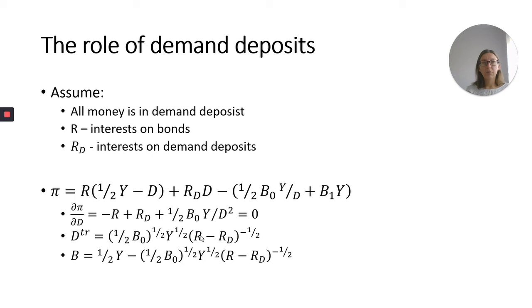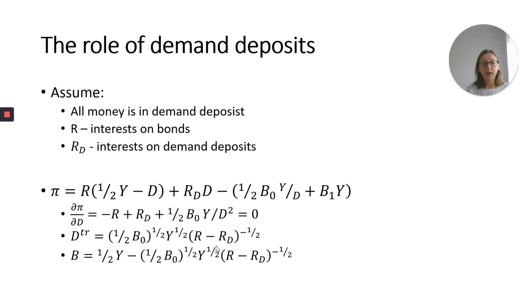For cash, we had only the interest rate on bonds, which was important. Now the interest rate on demand deposits also plays a role, and not separately, but as a difference.